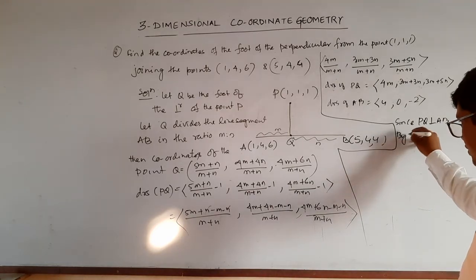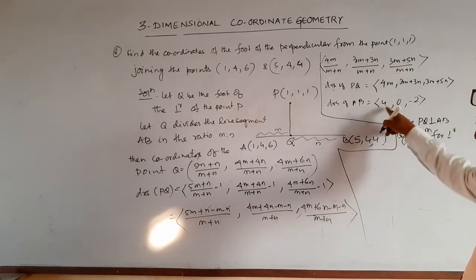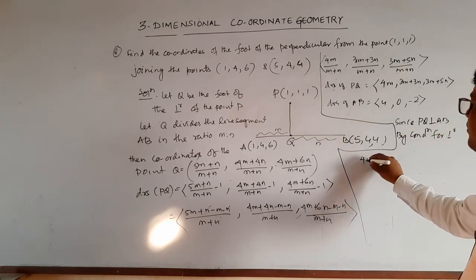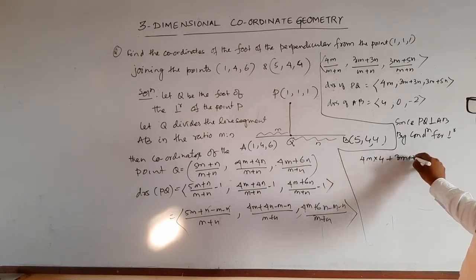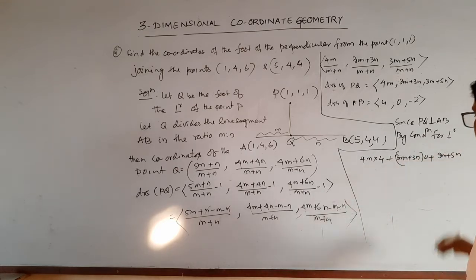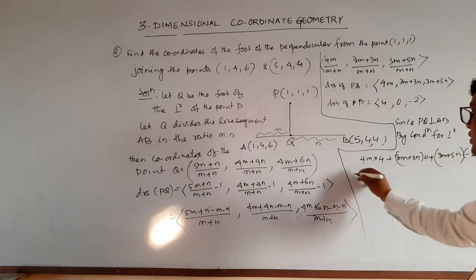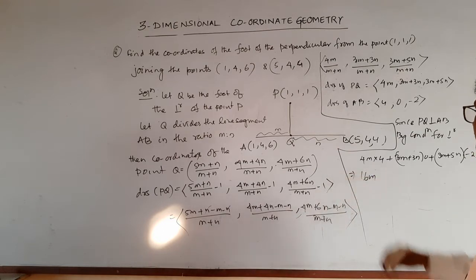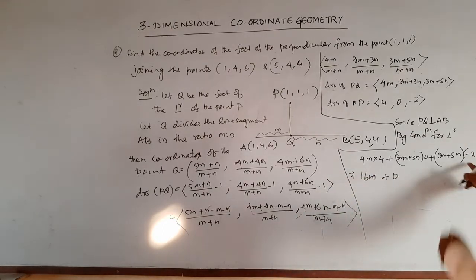By the condition for perpendicular, a1a2 plus b1b2 plus c1c2 equals zero: 4 into (4m), 0 into (3m plus 3n), and minus 2 into (3m plus 5n) is equal to 0.